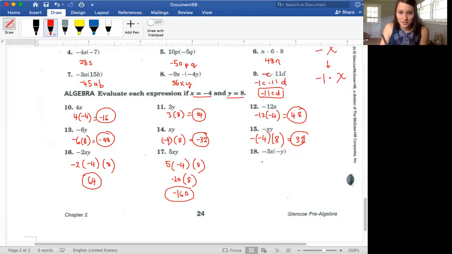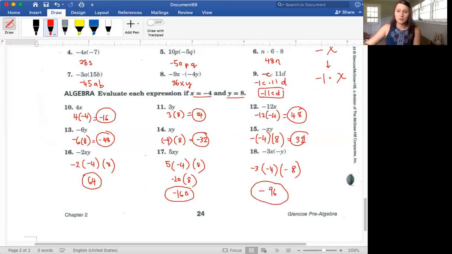Okay, this last one down here, 18. -3. I'm going to replace everything in here. -4, and then I've got a negative y, so it's a negative, and then y is 8, so this is a -8. So I've got 3 negatives here. My answer is going to be a negative. 12 times 8 is 96, so it's a -96. That's my answer.